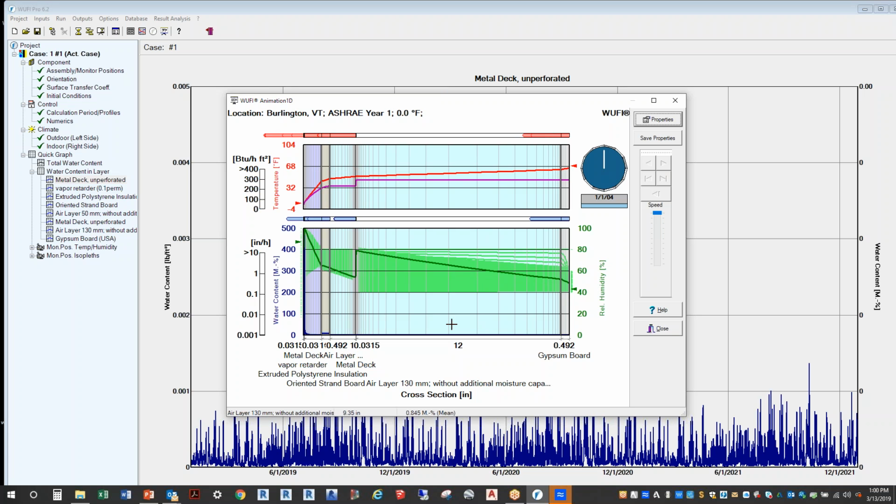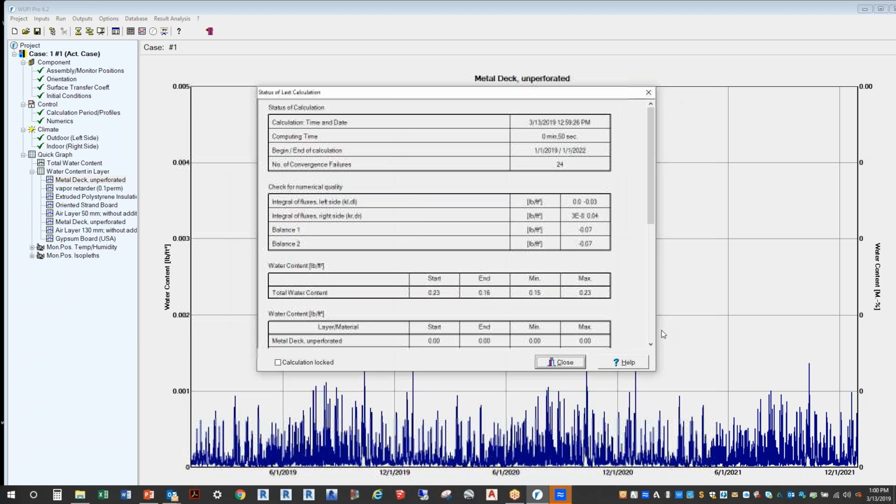What is the spike in the line? Here? Yeah, when it spikes up or down. What this is saying is the humidity through the materials changes between these two materials, between this air, and then I think we have some steel in there, that for some reason it jumps up at that particular point where it stopped. 24 convergence failures.